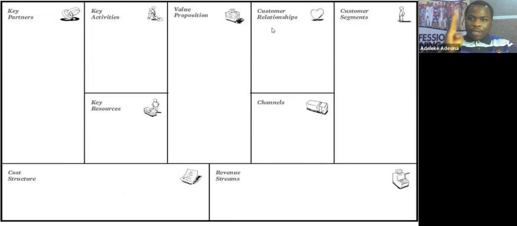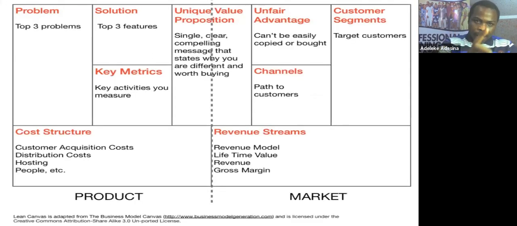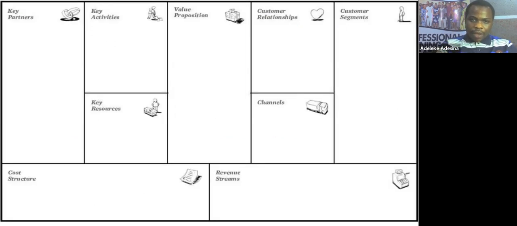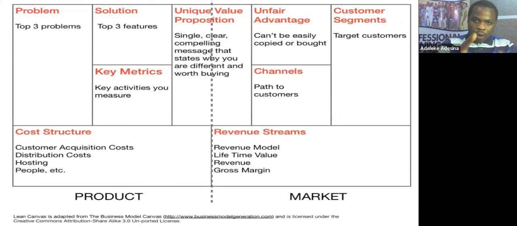So there are 4 points of difference between the two, which you need to know as an entrepreneur. You have problem, solution, key metrics for the lean canvas, and then you have key partners, key activities, key resources, and customer relationships for the business model canvas, which are not on the lean canvas.